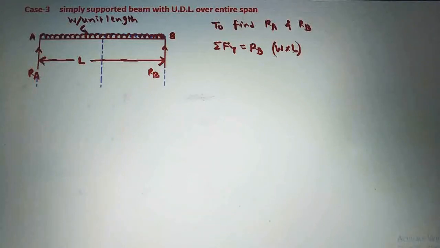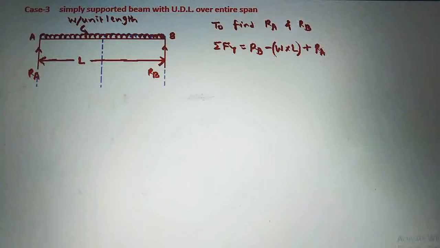This U.D.L is acting over a distance of capital L, so magnitude will be W into L. As this U.D.L is acting in a downward direction, we have to take it as negative here.